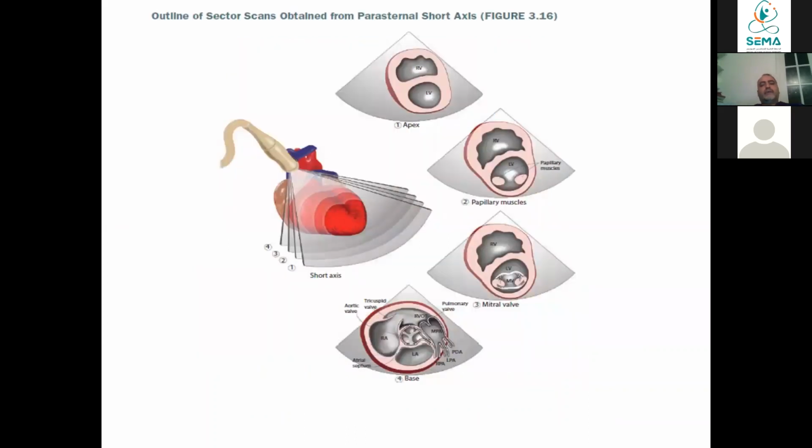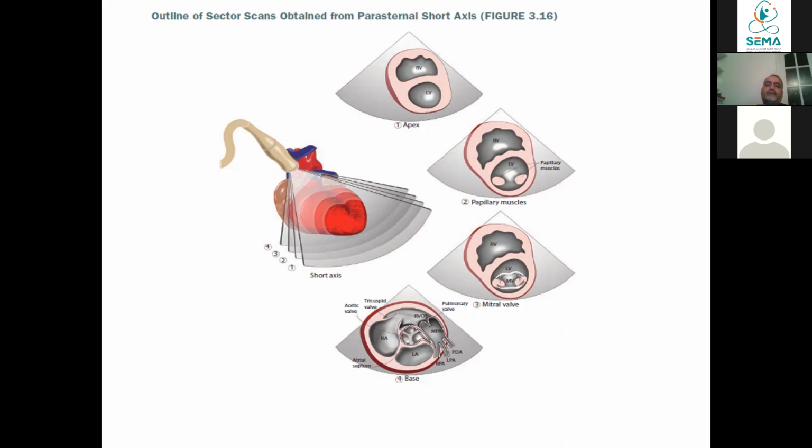Now we will go for the short axis. What will we see in the short axis? Again, you have to imagine how we are generating the short axis. We generate the short axis by rotating the probe 90 degrees away from last time. So it was to the right shoulder, you make the marker to the left shoulder.